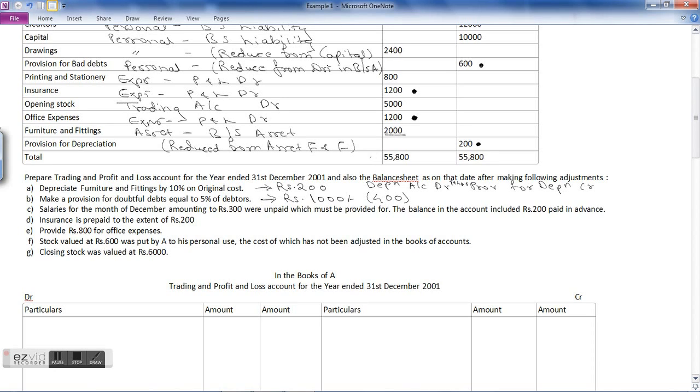Then stock valued at rupees 600 was taken by A for his personal use, for which the cost has not been adjusted in the books of account. So stock has been used for personal use, which amounted to rupees 600. The same needs to be adjusted in the books of account.